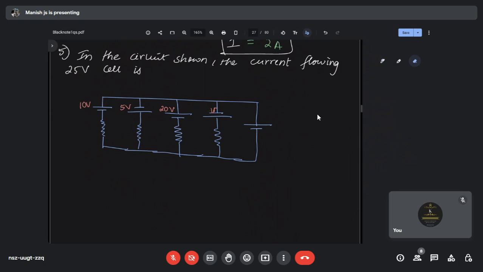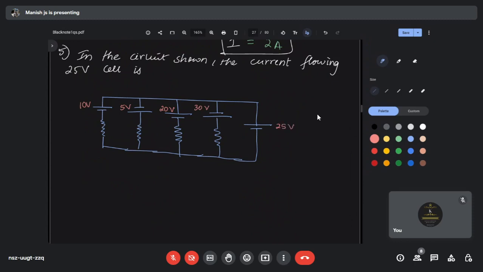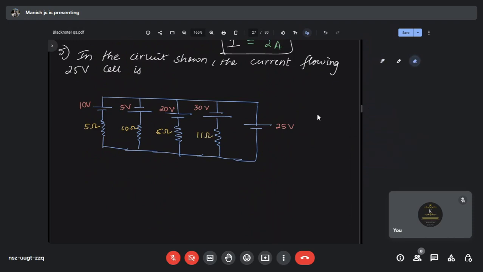Let me rewrite. And the last cell is 25 volts. Now I'm giving the resistor values. This is 5 ohms. This is 10 ohms. Again 5 and 11 ohms. So these are all the values.